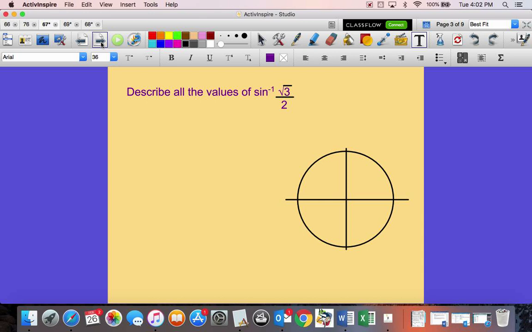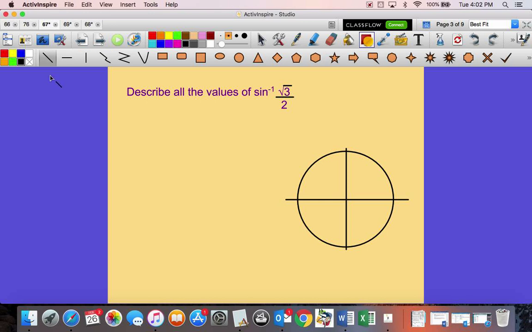Alright, now describe all of the values of sine inverse of square root of 3 over 2. So square root of 3 over 2, we can draw a triangle on our unit circle here. Square root of 3 over 2 would mean maybe something like this, with a line drawing straight down.